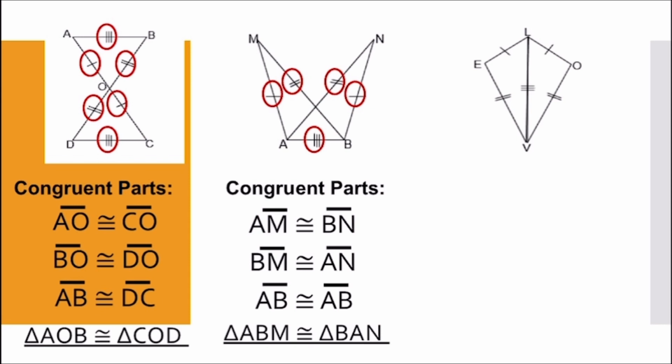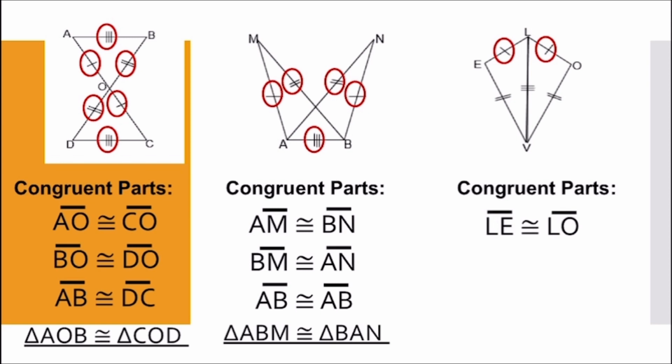For our third figure, the congruent parts are line segment LE is congruent to line segment LO. Next, line segment VE is congruent to line segment VO.